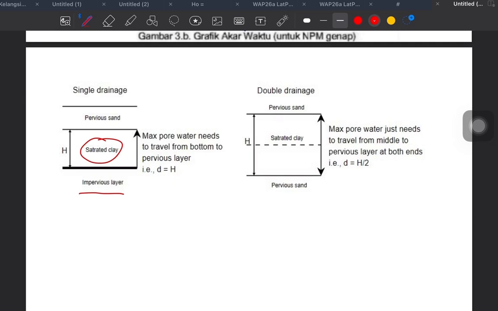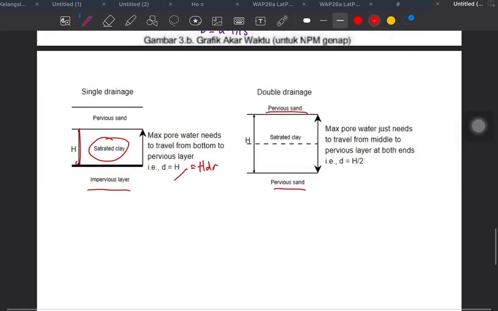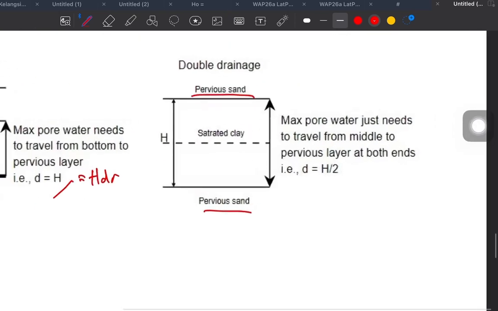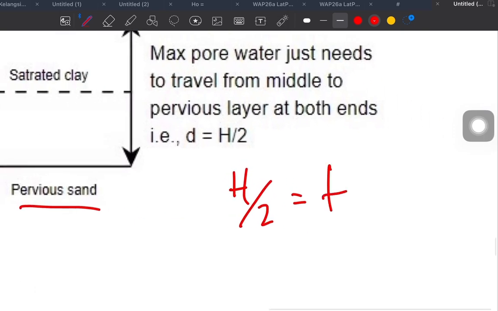For double drainage conditions, the soil being analyzed is bounded by two pervious layers, usually sand. For single drainage, you can use H for the value of HDR. For double drainage, you have to divide H by 2 to determine the HDR value.